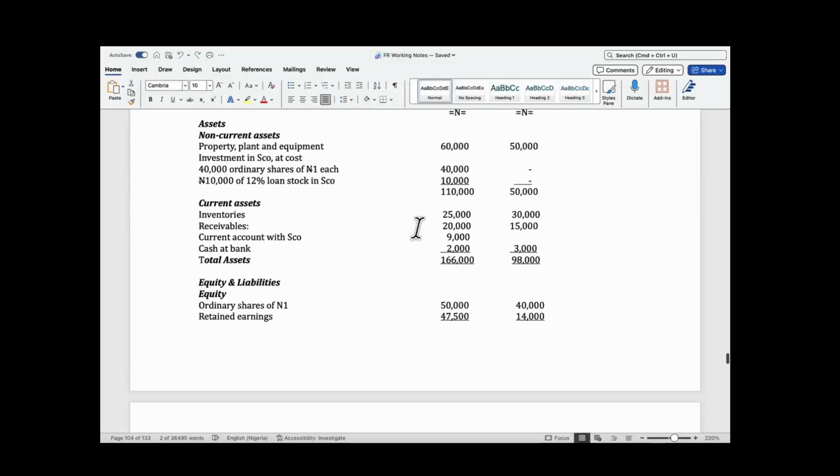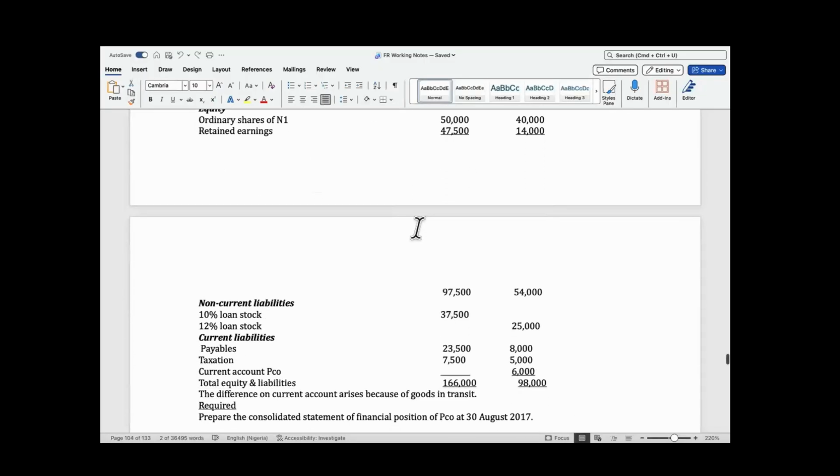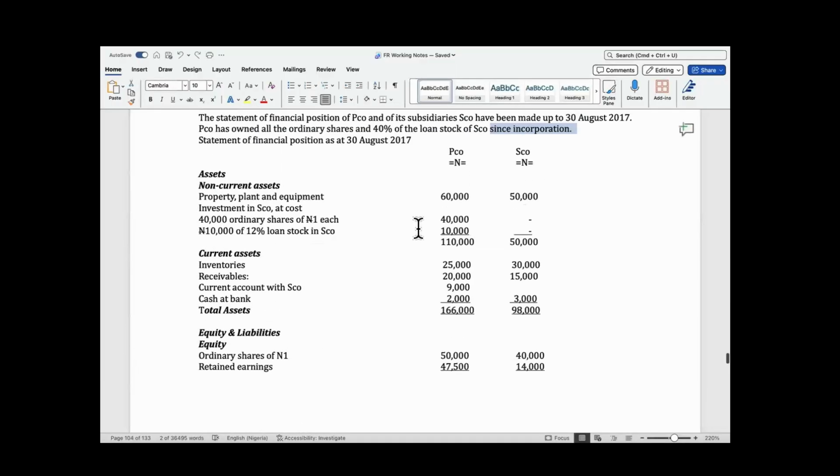So again, we need to cancel out similar items. And what are the similar items we are cancelling out? We are going to cancel out the investment in ESCO, because it's clearly a transaction with ESCO, which is this 40,000.